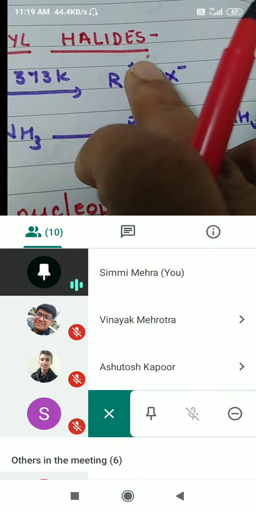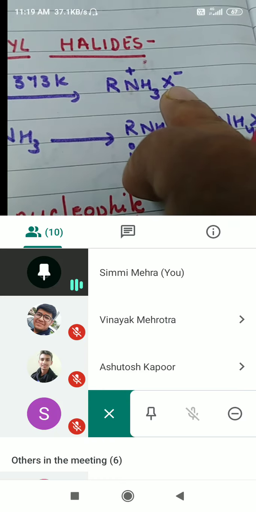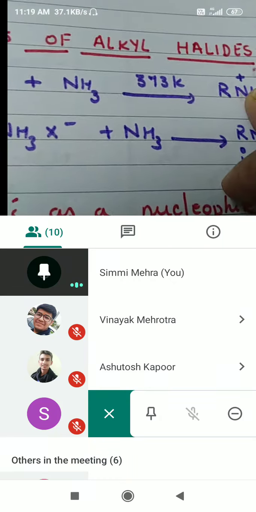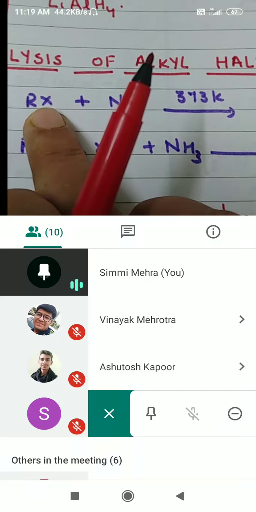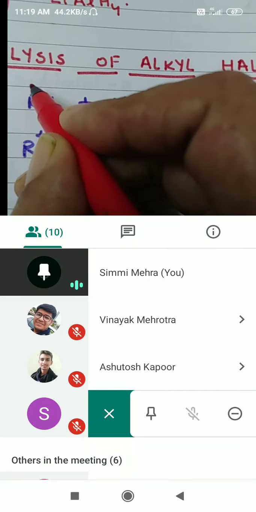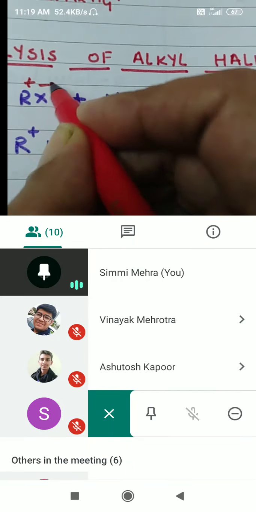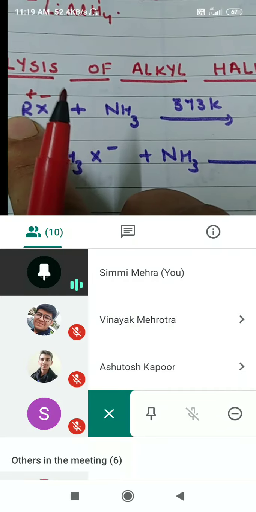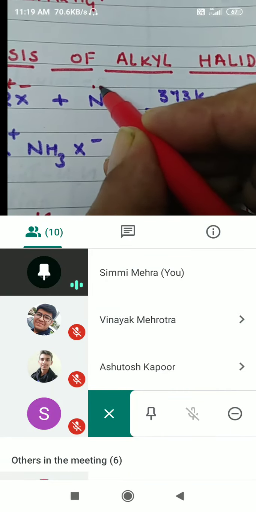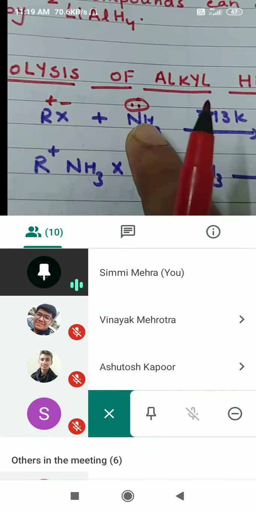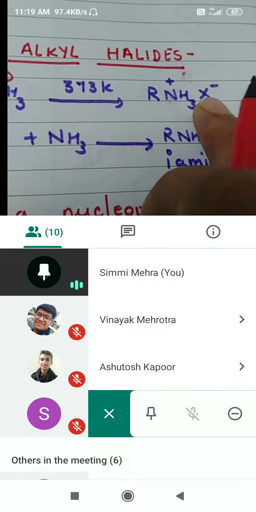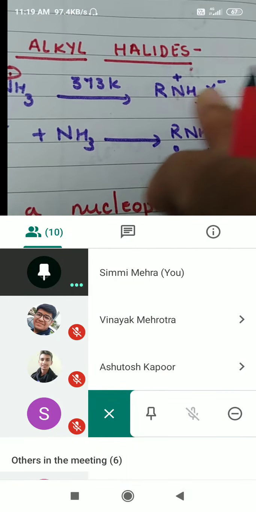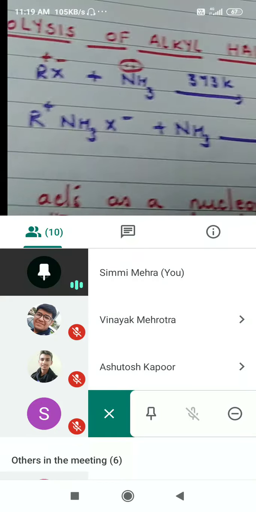Since there is a positive charge on nitrogen, the halide ion remains in its vicinity. The halide ion is coming from here. This is R plus and X minus. R plus will be attached to the lone pair on nitrogen by a coordinate bond, and X minus will remain. This will be an ionic bond because of electrostatic force of attraction.